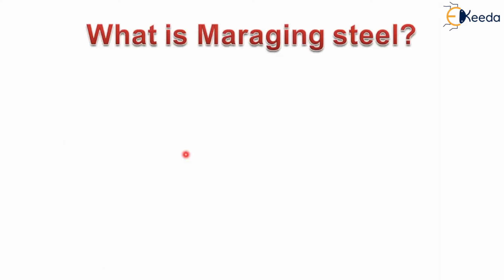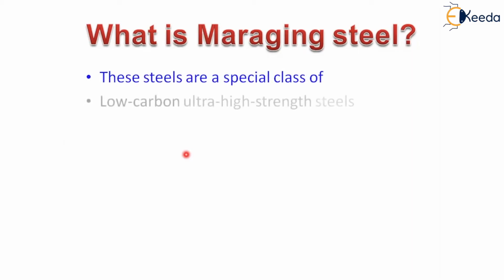What exactly is maraging steel? What is the composition and what is the main property of these steels? These steels are a special class of low carbon, ultra high strength steels. Low carbon means the carbon percentage is somewhat less compared to other steels we get with the conventional martensitic process. If it has low carbon, we can say the ductile nature is more.